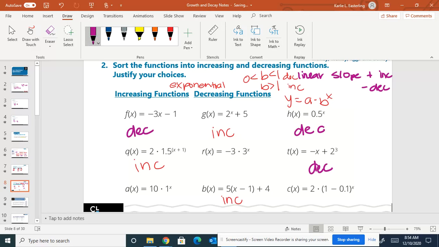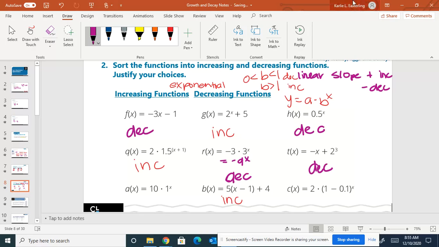Whenever we come and look at r of x, this would be an example of where the negative in front of the a value is what matters here. Because if we were to simplify this out, you'd be looking at negative 9 to the x, which would give us a negative b value. And that is the reason that this one is decreasing.